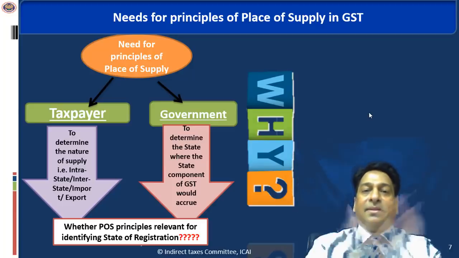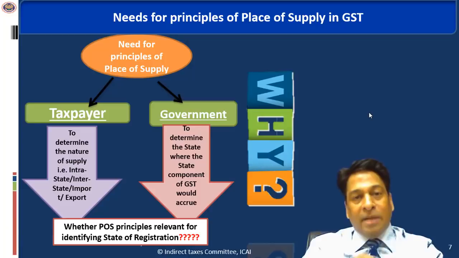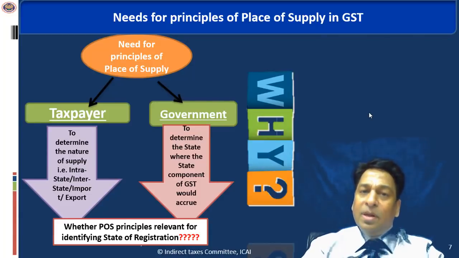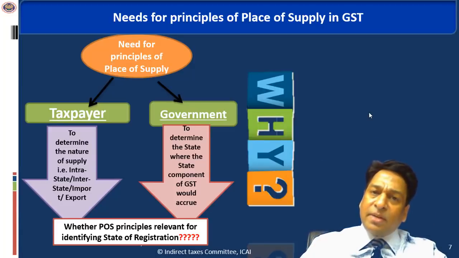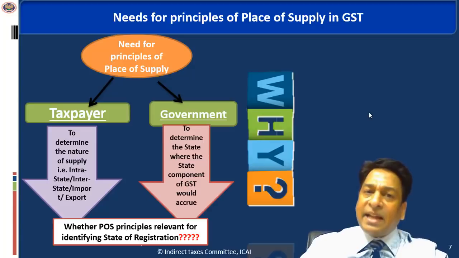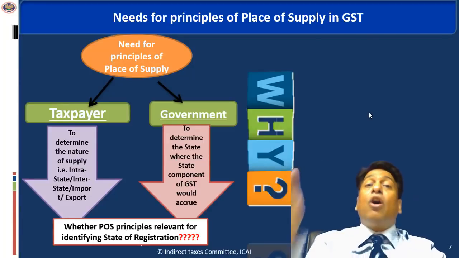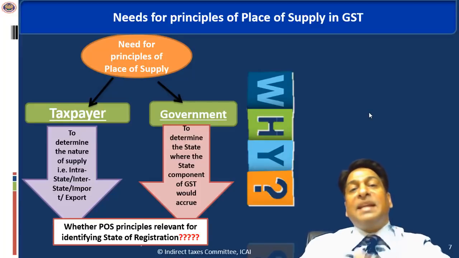Having said that, the next question I would like to ask you is, what is the concept where we have to take registration? Do we have to take registration in the state of destination where goods and services are consumed, or in the origin state from where I'm supplying goods or services?